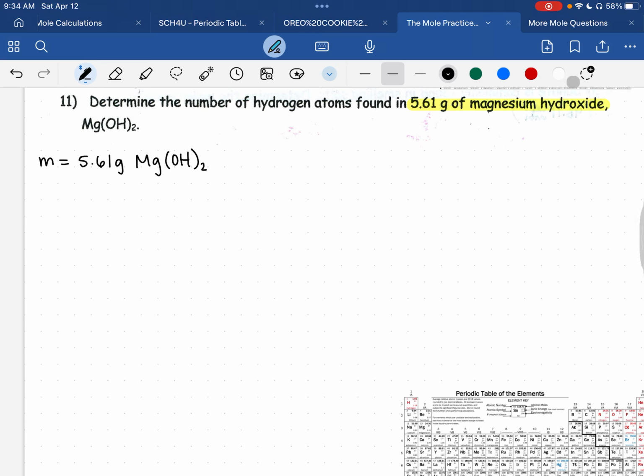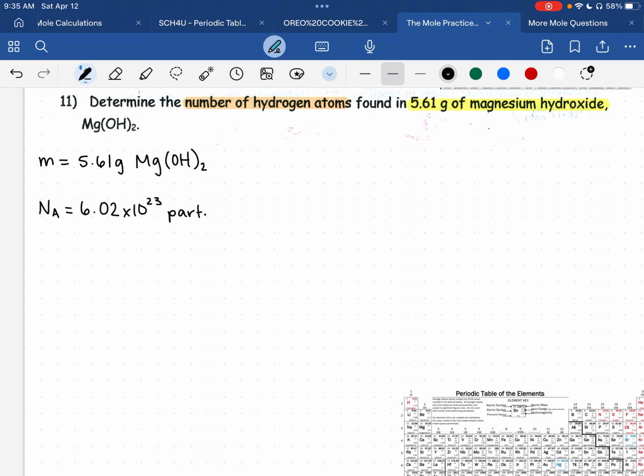Okay, so we have grams. We cannot go straight from grams into hydrogen atoms. Let's highlight that. We're looking for a number of hydrogen atoms. We can't go straight from there because our conversion factor that involves Avogadro's number, N sub A, involves 6.02 times 10 to the 23 particles.